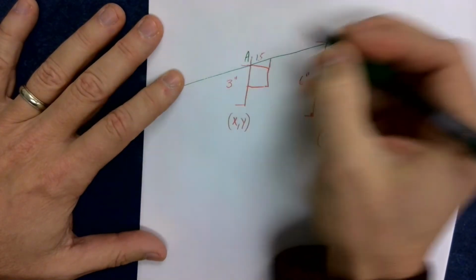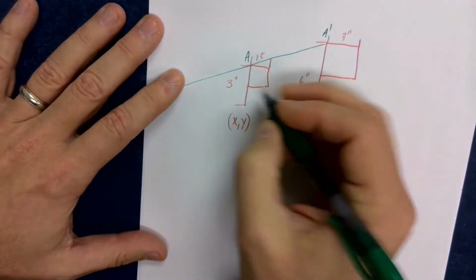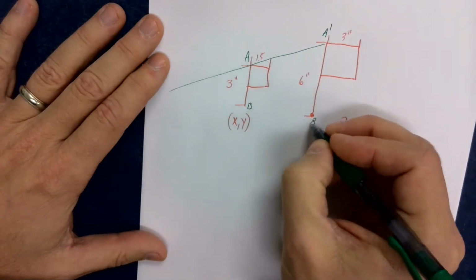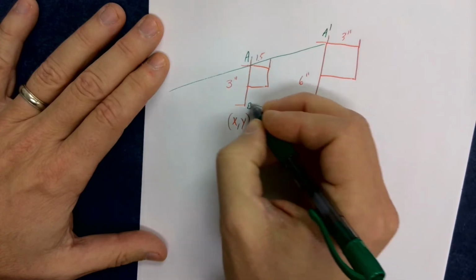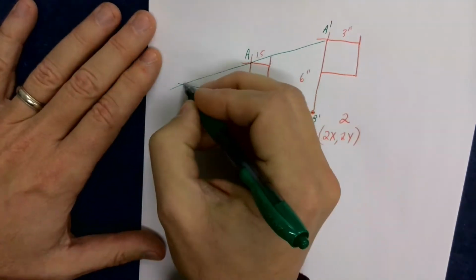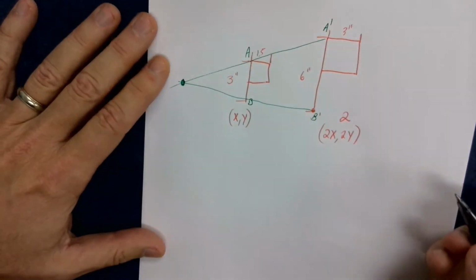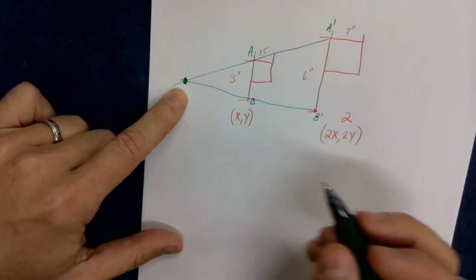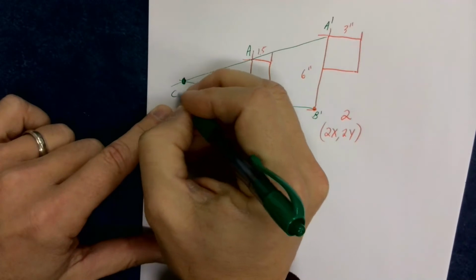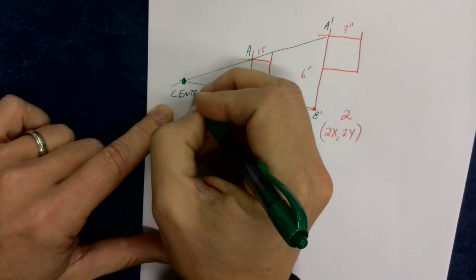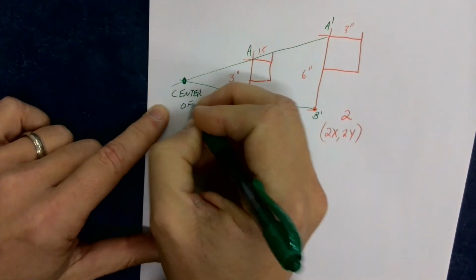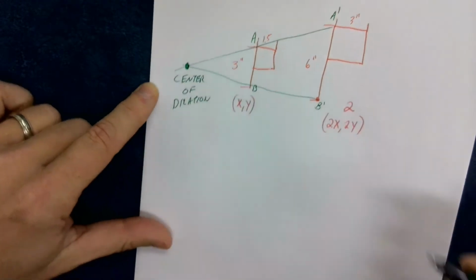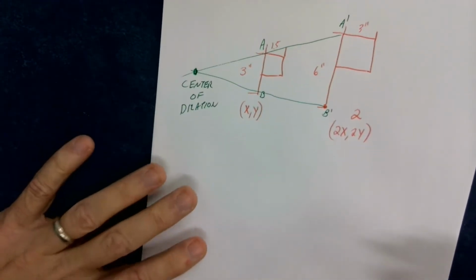So if this was A and this was A prime, and from B, and this was B prime, if I connected these points through here, the point where those lines intersected would be the center of dilation. And most of the ones that we're going to talk about in this class are ones that will go from the origin. Okay, so center of dilation.